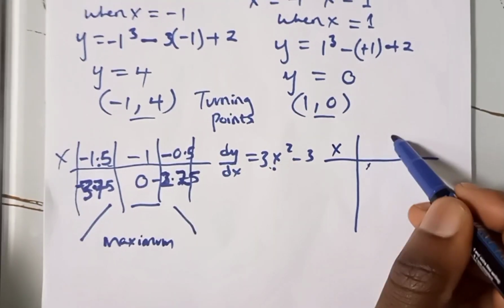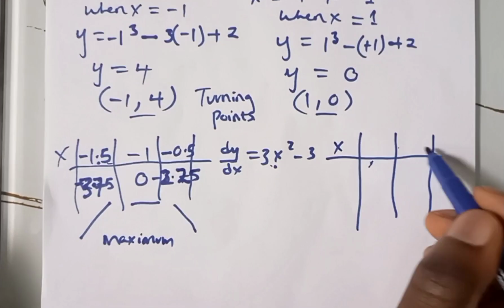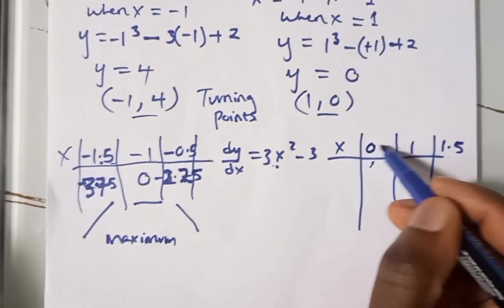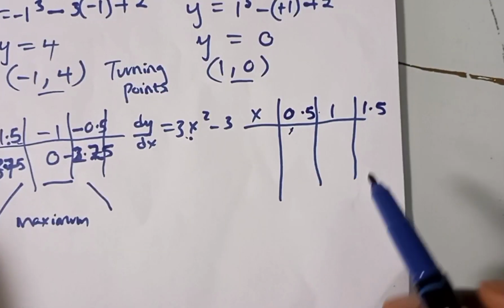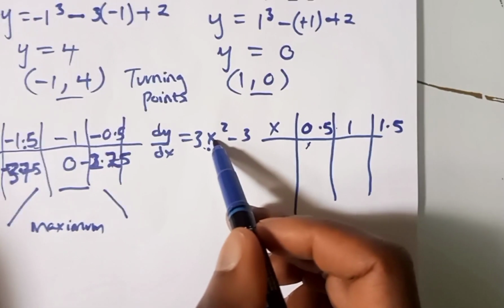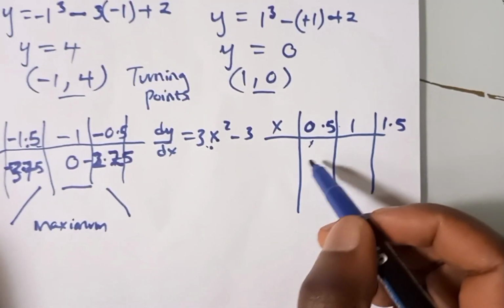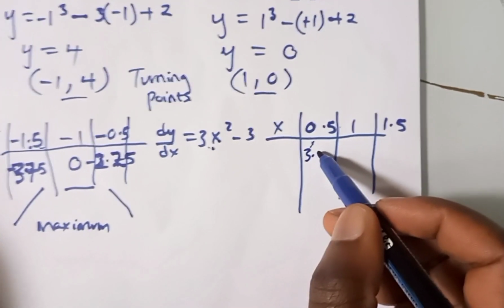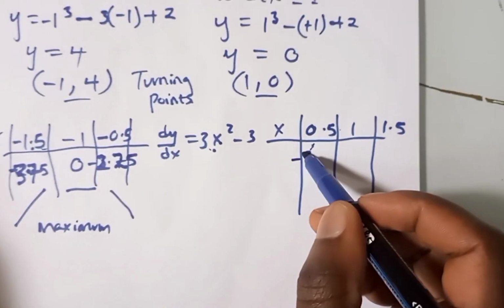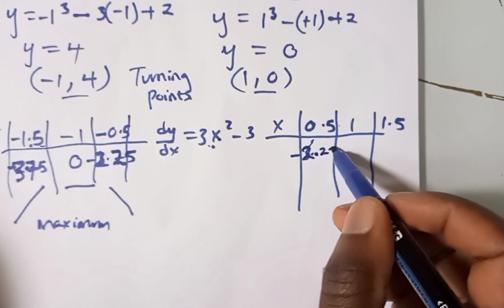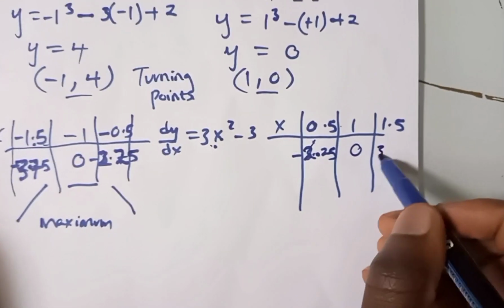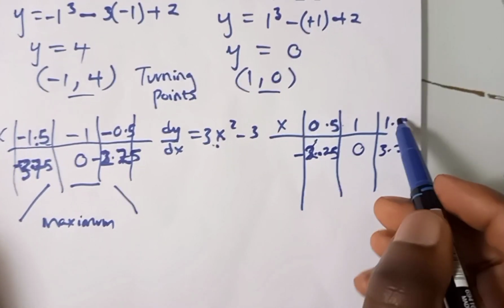Then we test for x being 1. To the left we have 0.5, to the right we have 1.5. Again, we substitute these values into the equation of the gradient, and we get -2.25 for 0.5, which is negative, then 0, and then 3.75 positive.